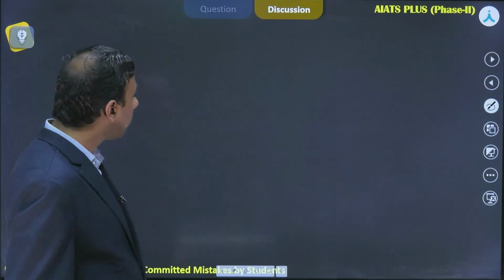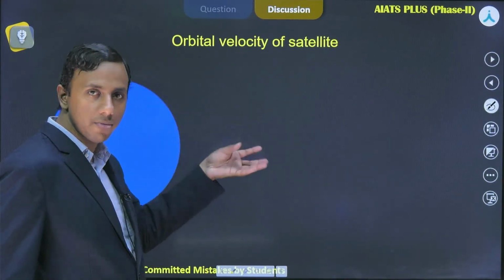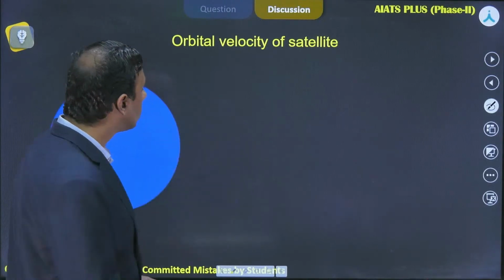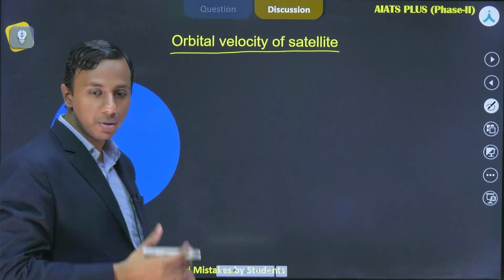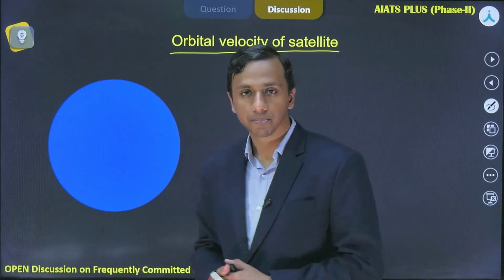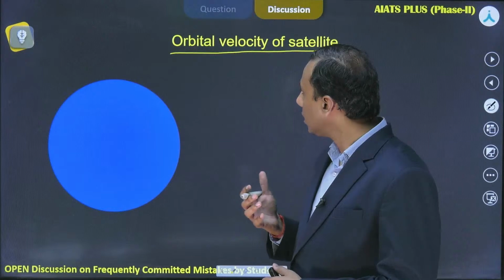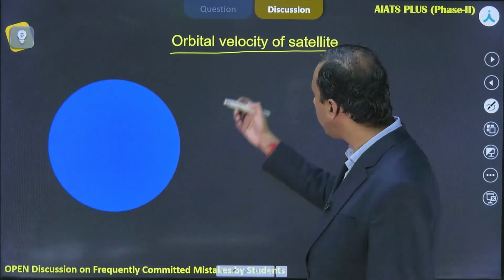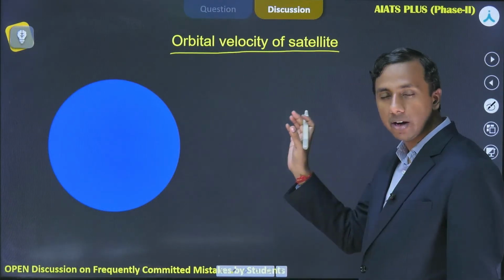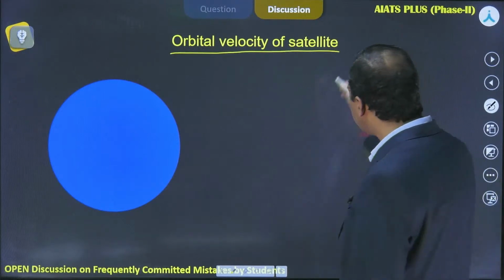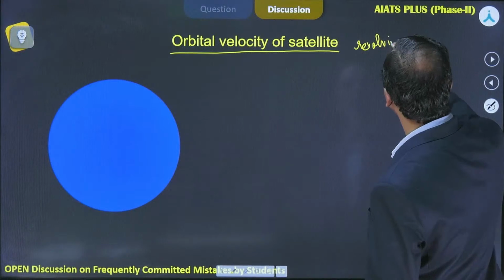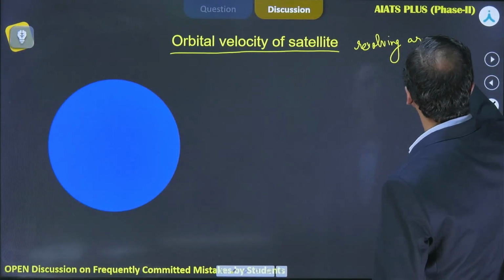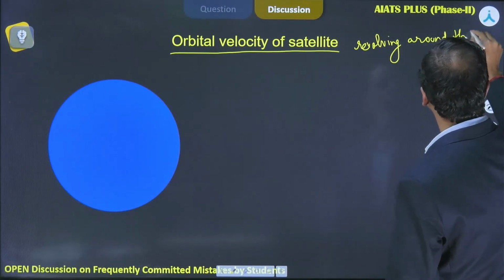Now let us also find an expression for a very similar speed, which is orbital velocity, right? This also we are going to discuss for the very first time. All right. And for orbital velocity, as I have mentioned, we are finding the orbital velocity of a satellite which is revolving around the Earth.